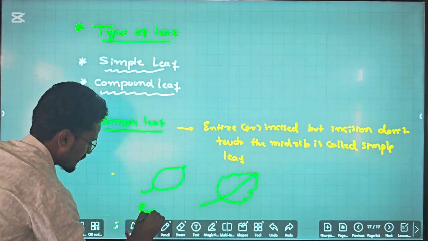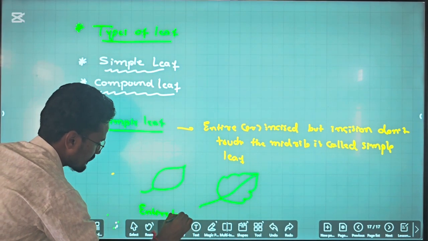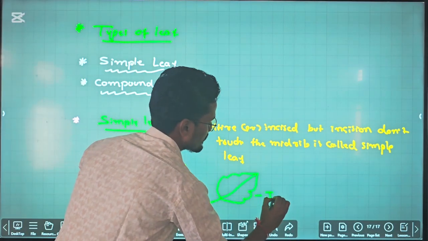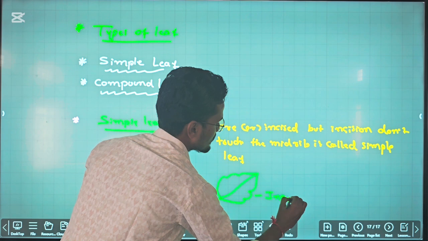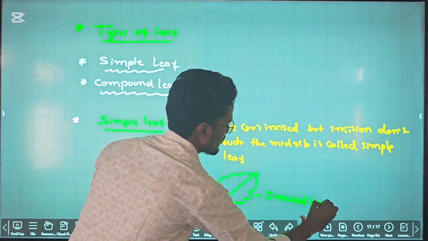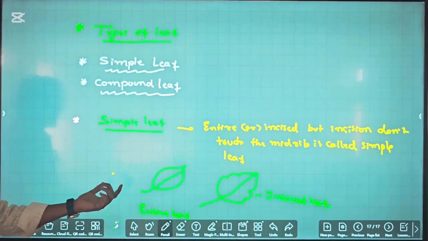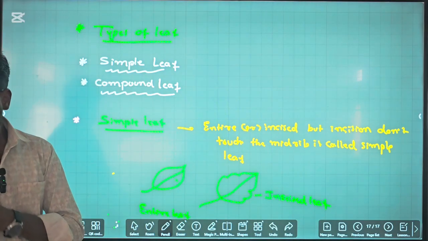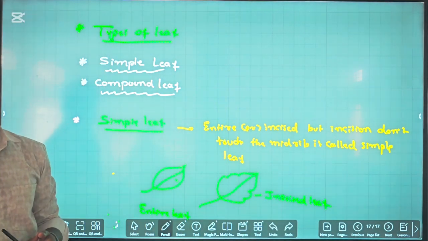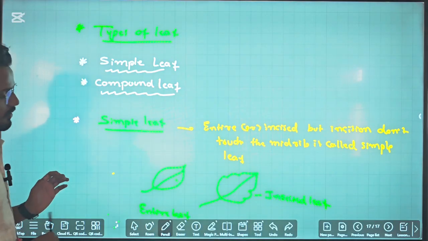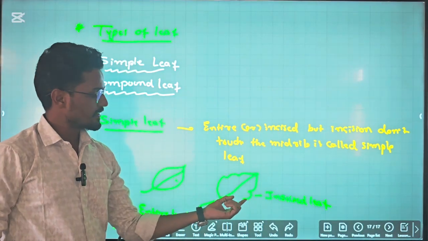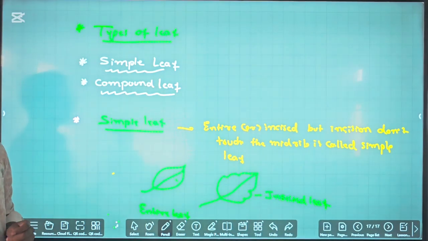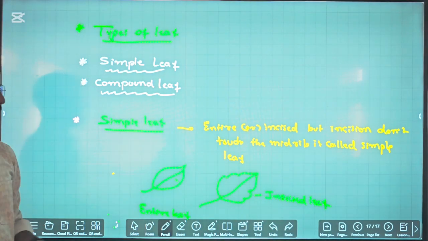This is an incised leaf. If the incision touches the midrib, then it will become a compound leaf. So this is about simple leaves.